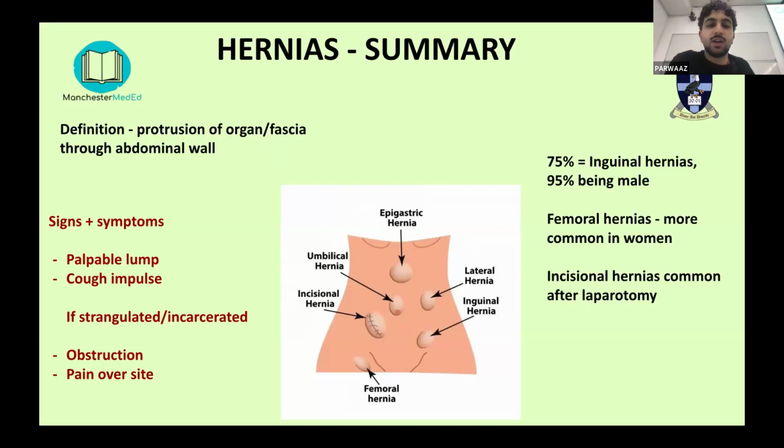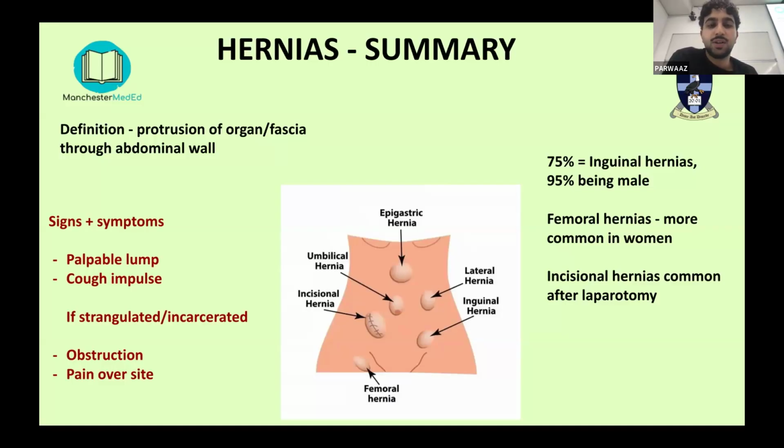So most hernias are inguinal. Okay, so 75% of hernias are inguinal, and most of those are in male patients as well. So in practice, you will pretty much only see inguinal hernias, the remaining being femoral and umbilical hernias, and then some post-op incisional hernias. Femoral hernias are a bit more common in women, but rarer overall.